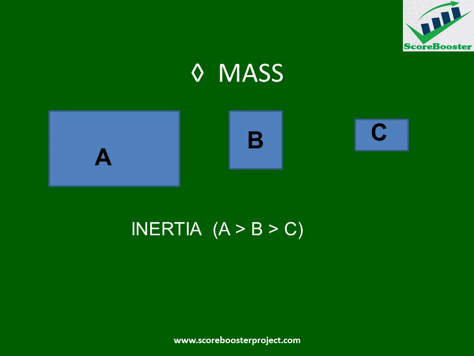Let's consider the case of mass, assuming we have these three objects A, B and C. A is the largest of them all, so it has the highest mass, followed by B and lastly C. The higher the mass, the more the inertia of an object. So the inertia of A is going to be greater than B, while B will be greater than C.